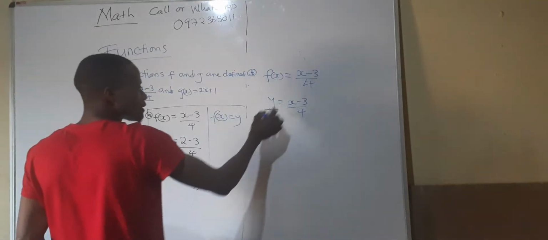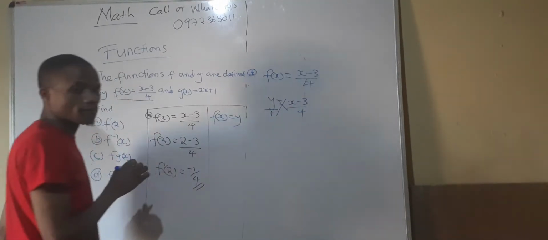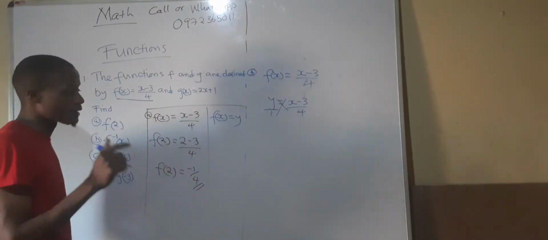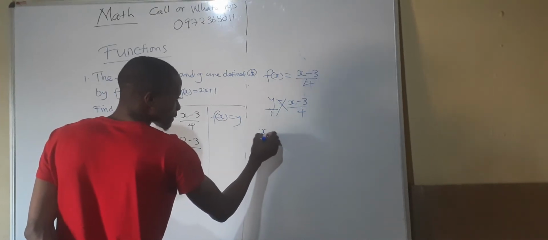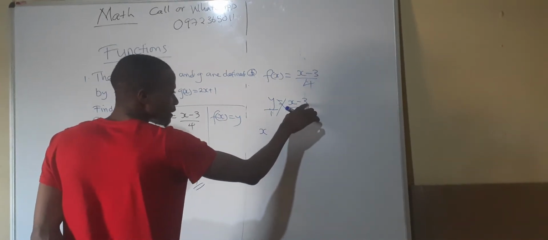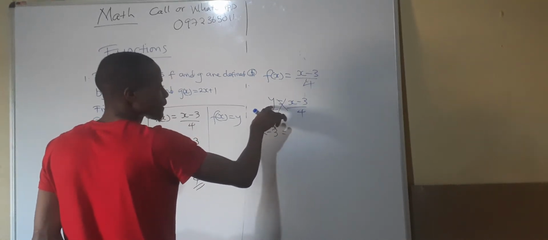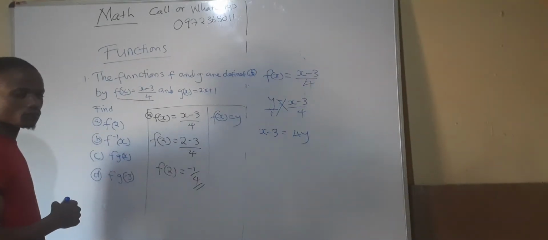Then you are going to cross multiply. Since we want to make x the subject of the formula, start by cross multiplying the same letter x, the one we want. So 1 times x becomes x, 1 times negative 3 becomes negative 3, which is equal to y times 4 becomes 4y.